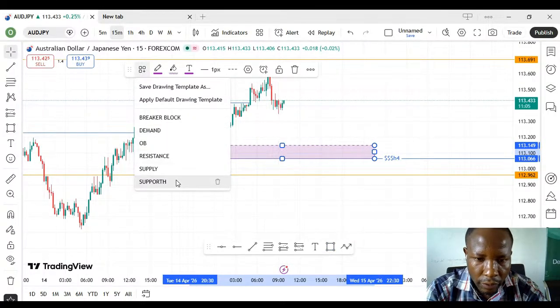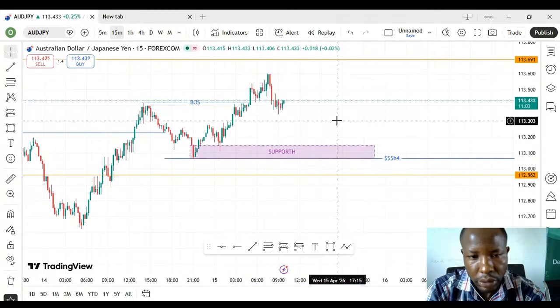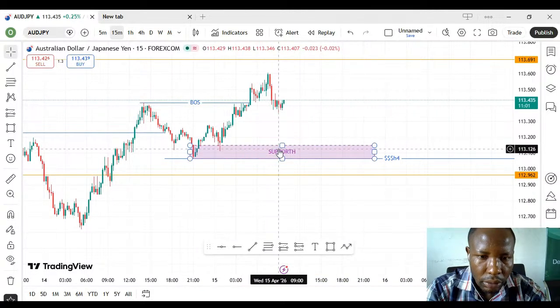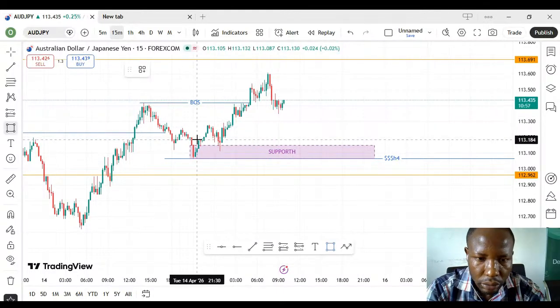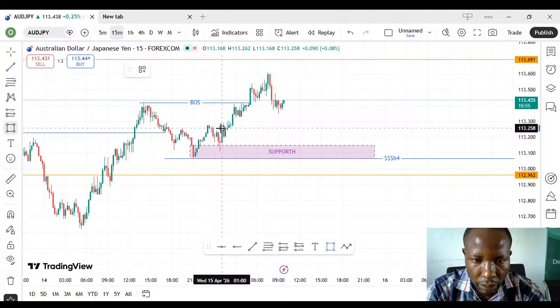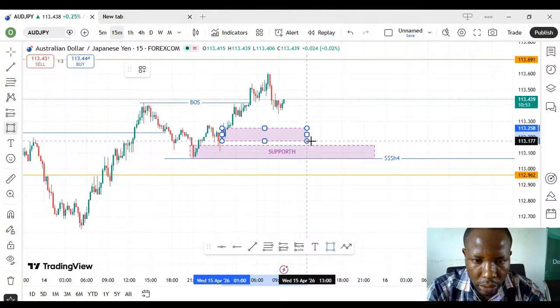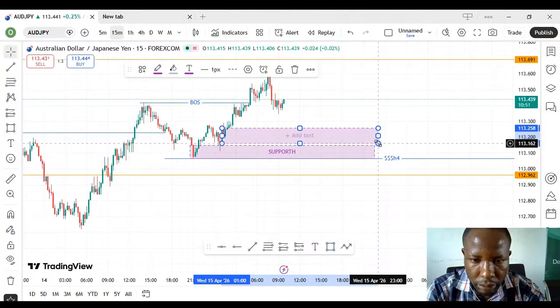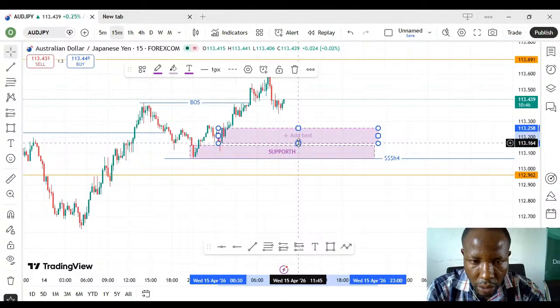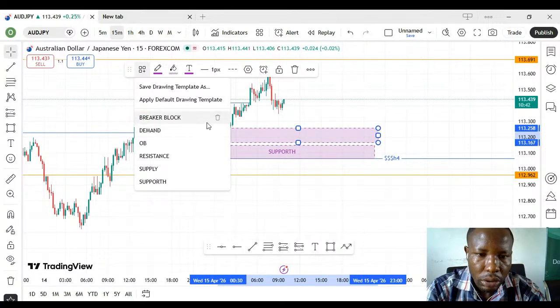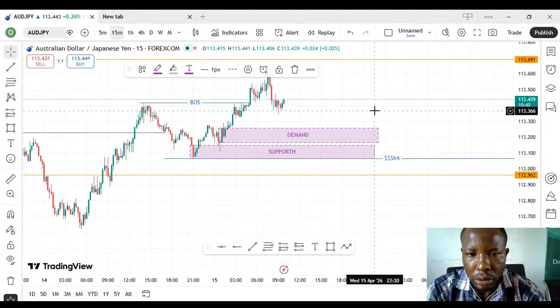You know why we are favoring the upside: because the market is bullish. So we wait for the market at this support or demand level. Anytime we have a particular reaction and close above the zones, we pick our order from there and join the market. This is another demand zone.